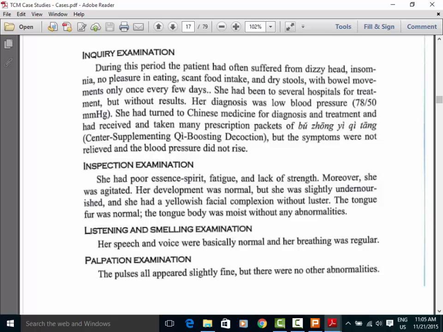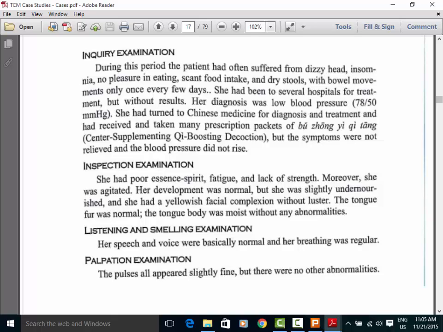We need to address the acute branch, in this case the acute symptoms of dizziness caused by the blood deficiency. She also has poor shen, spirit, poor mental state, low energy, lack of strength. These are all signs of qi and blood deficiency.